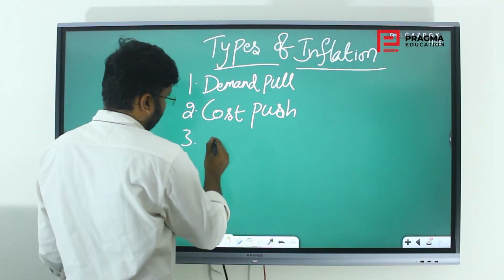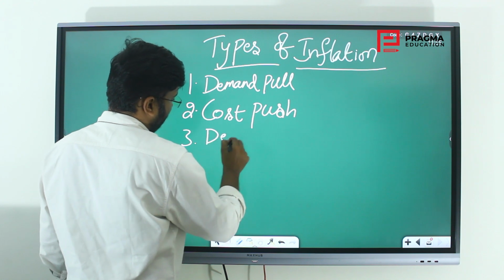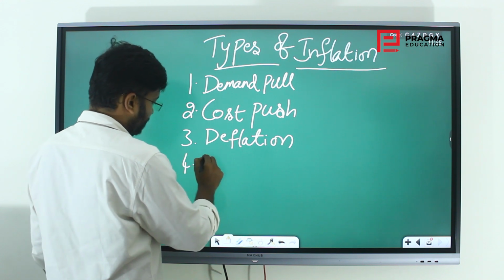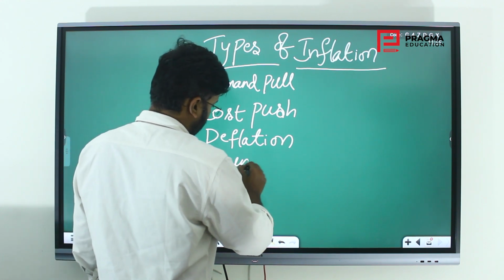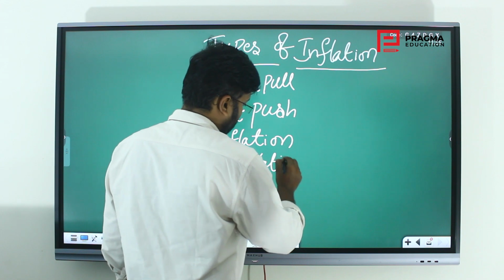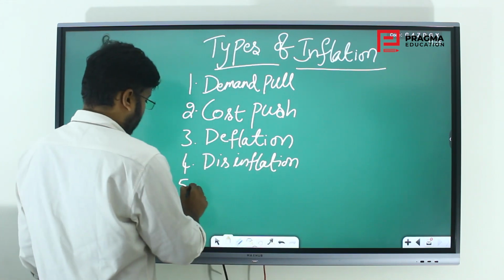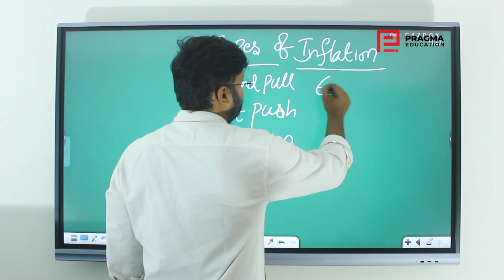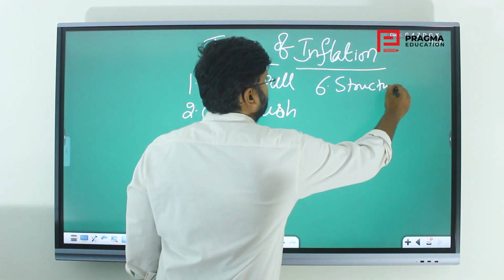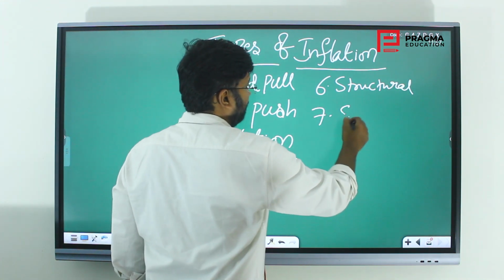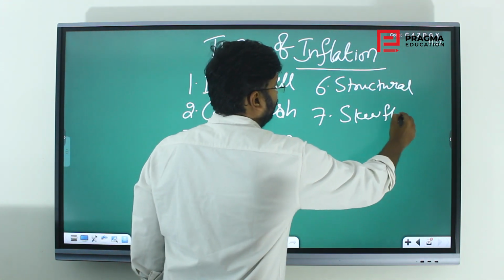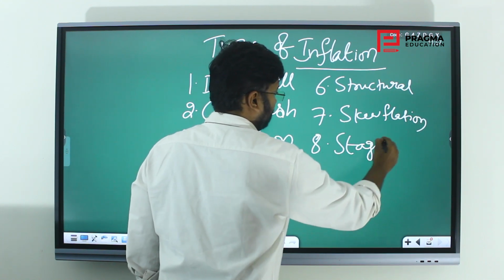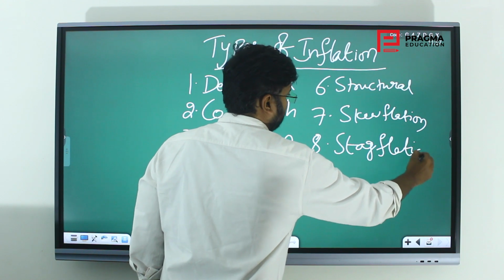Next, the third type, deflation. The fourth is disinflation. Next is reflation. Next is structural inflation. Then skewflation. Next, stagflation.